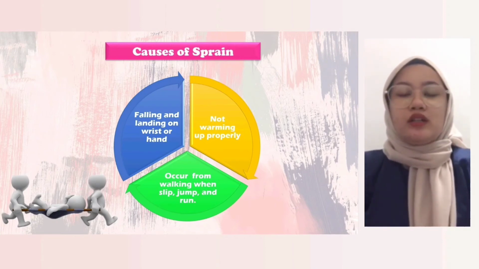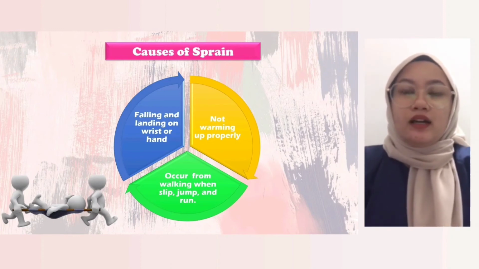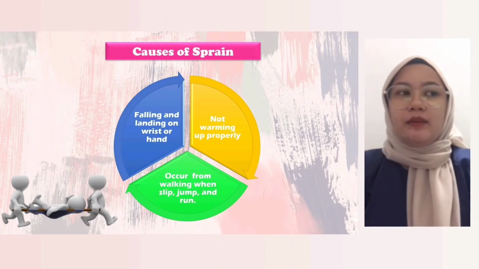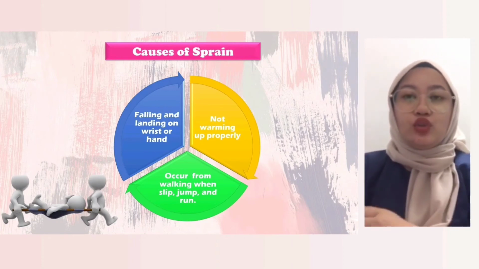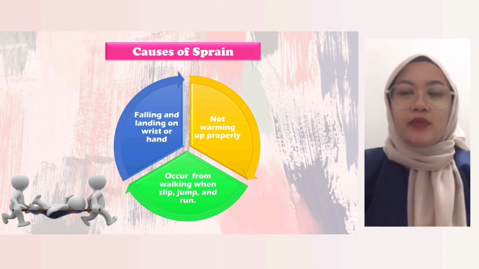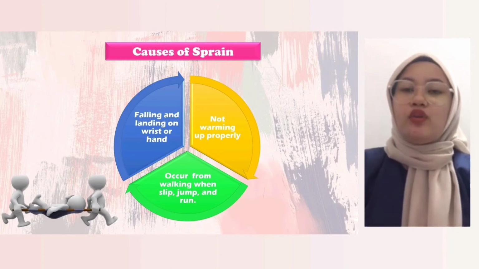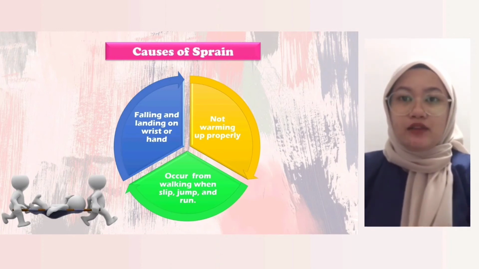So I will talk about the causes of sprain. So what are the causes of sprain? There are many causes of sprain, but here I will explain three of them. So the first thing is sprain can be caused if you do not warm up properly before you do physical activity.